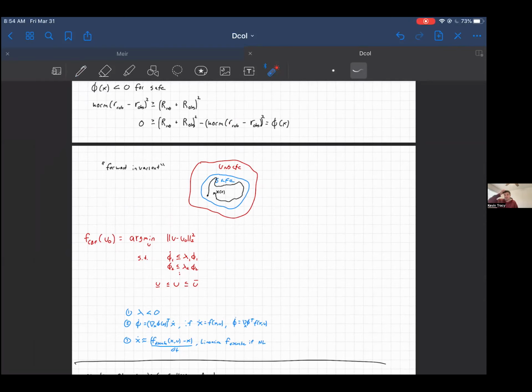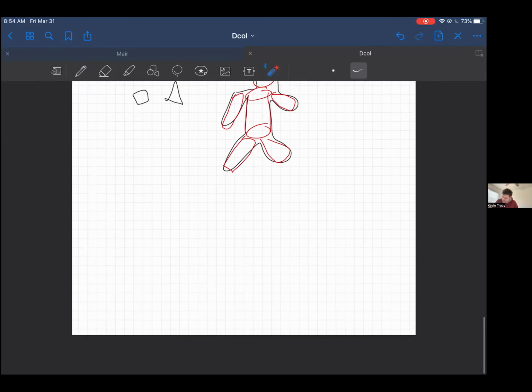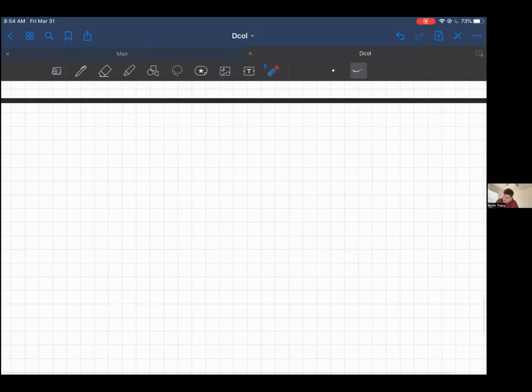Yeah, so it can be very, very significant. So let's compare the two pipelines. So we have the CBF. CBF is going to be the following. It's going to have some box here. This is our nominal controller, and this could be MPC, this could be anything. Normally we'll make this something pretty simple because we don't have to consider the collisions.